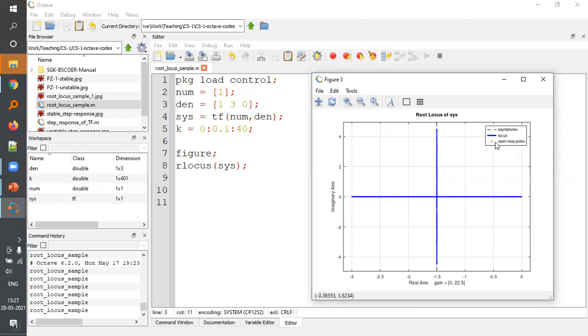Whatever is shown by the red cross here, these are the 2 poles, 0 and -3. So the root locus started from this end, came up to -1.5 and then went into the complex plane. So you can see that these are actually the asymptotes, plus minus 90 degrees, right?